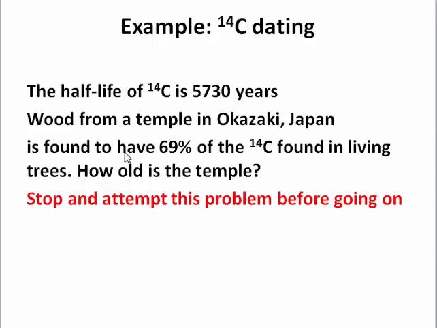And when something dies, it is cut off from the life cycle process, and the carbon-14 within it begins to decay. So 69% of the carbon-14 is remaining from this temple wood, which is in this problem.